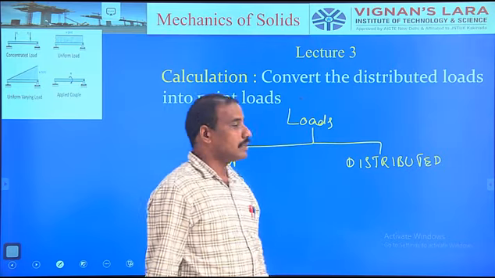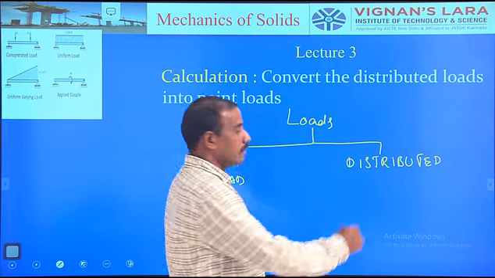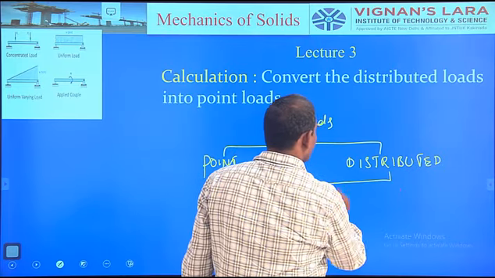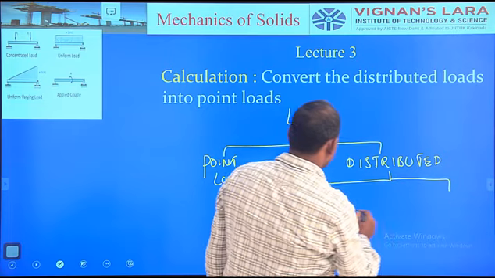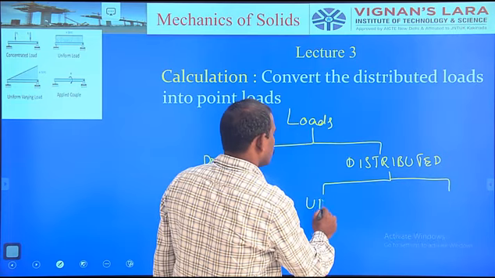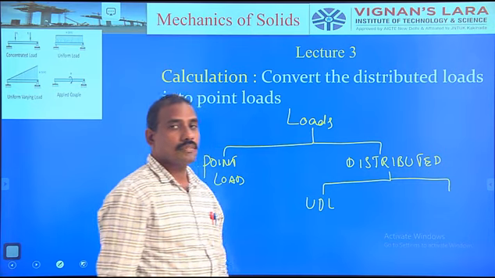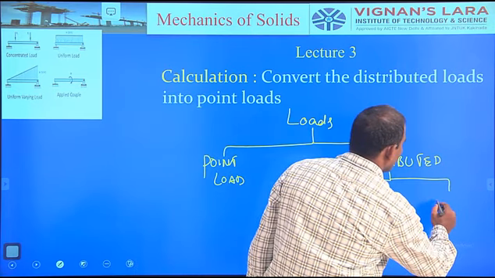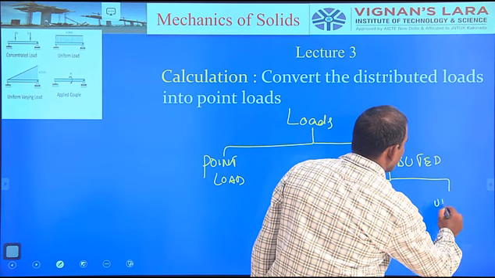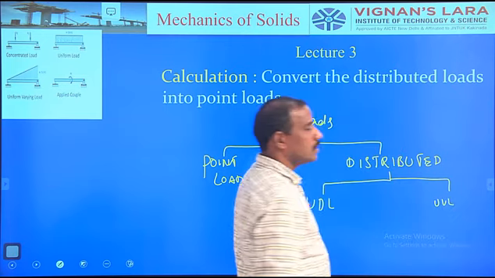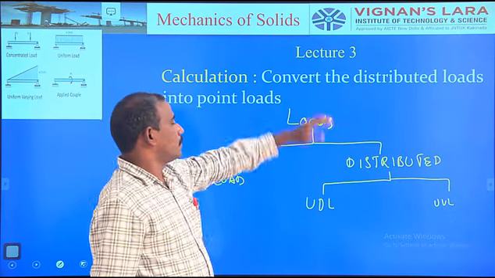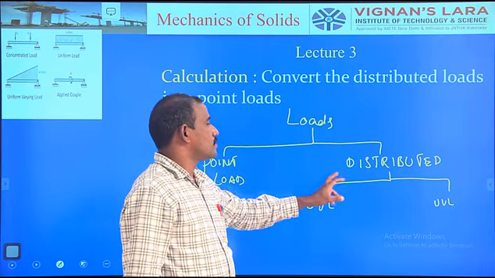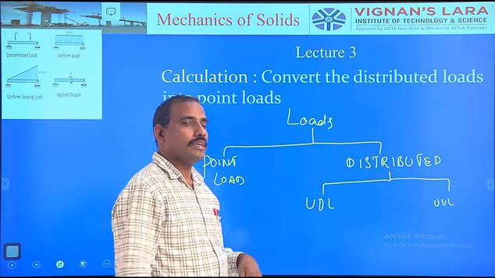Further, the distributed loads are divided into two types. One is the uniformly distributed load, simply represented as UDL. The other one is the linearly varying, uniformly varying load. We have to convert the distributed loads into point loads.